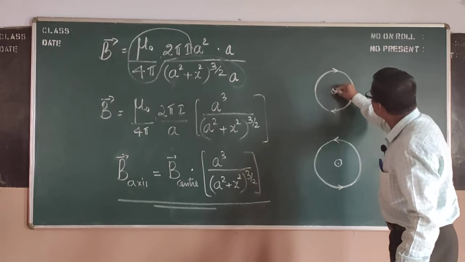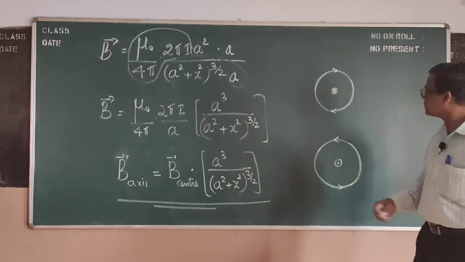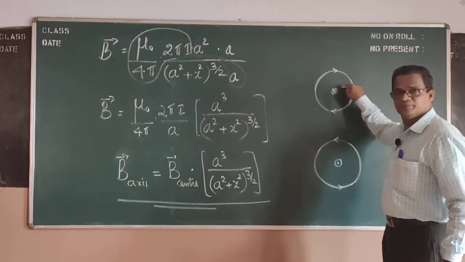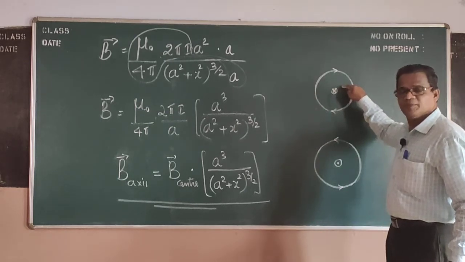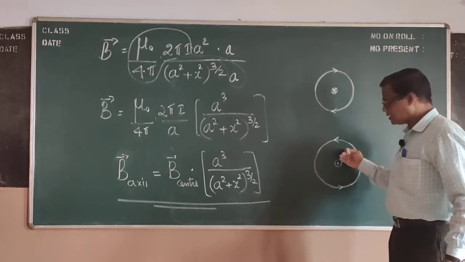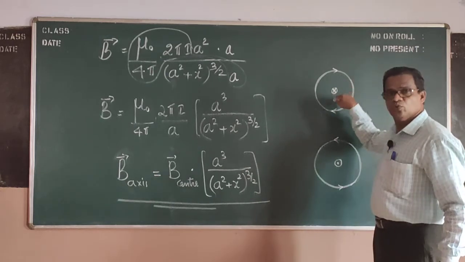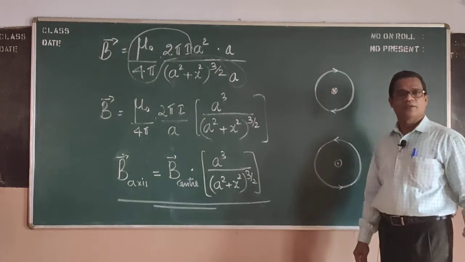Sorry, this is into the plane and this is towards you. This is into the plane. Okay, fine. Now this is the case with what? Coming out when it is anti-clockwise, and going into the loop when it is clockwise.